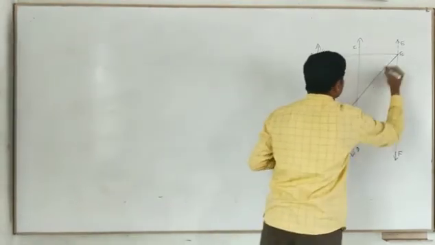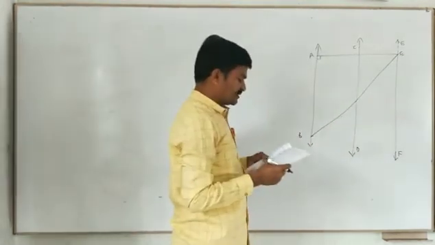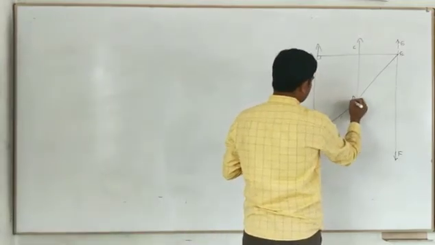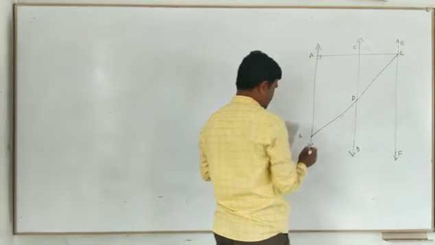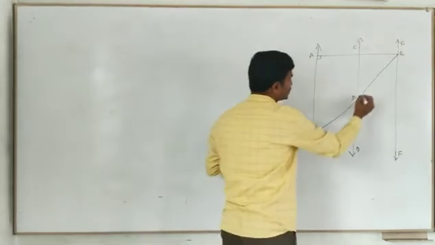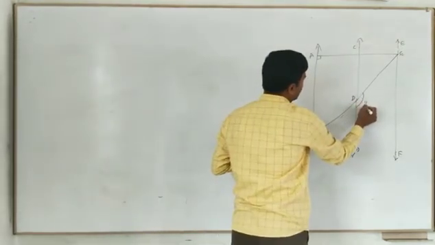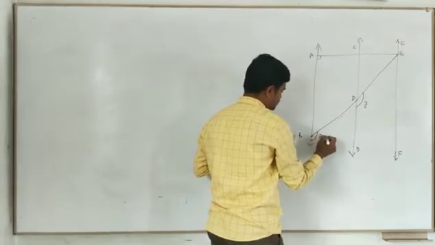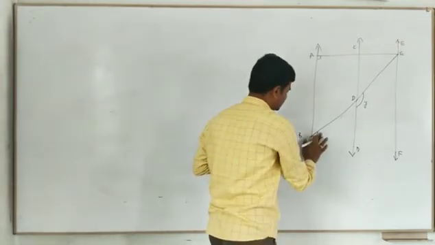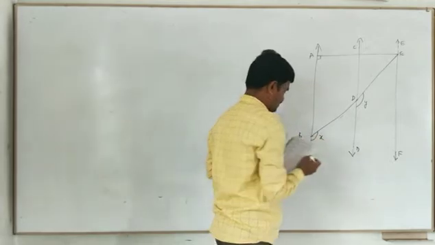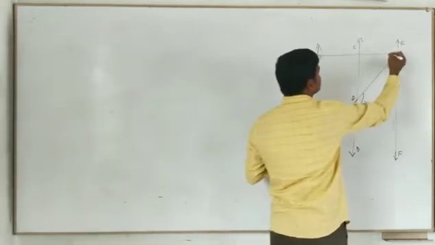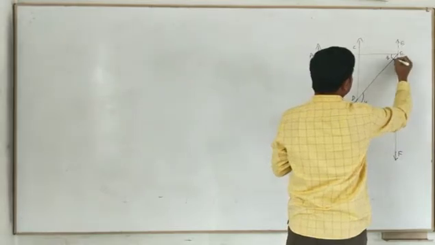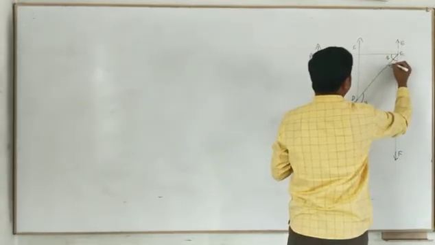Don't join like me. Now this point is named D and this point is already B. Here he has mentioned Y, here X, and here Z is given, and this measure is given as 55 degrees.